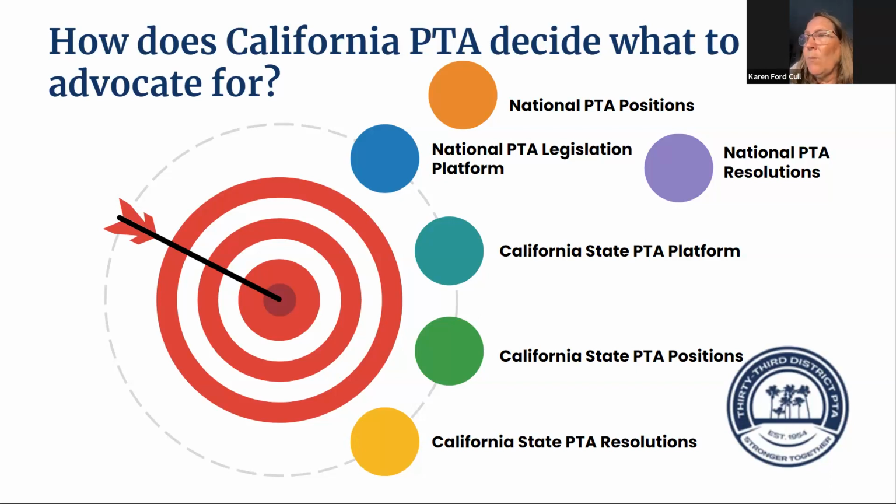And once you have a resolution, like for example, last year, Nanette worked very hard on the equitable literacy resolution. That's now on the California PTA website, and you can look there to see all the different resolutions, and that tells you what you're authorized to advocate about.